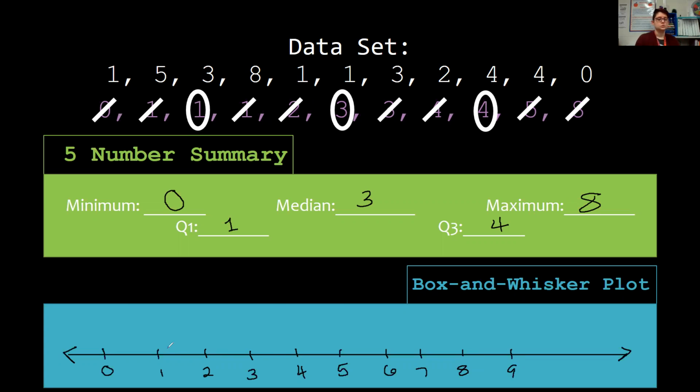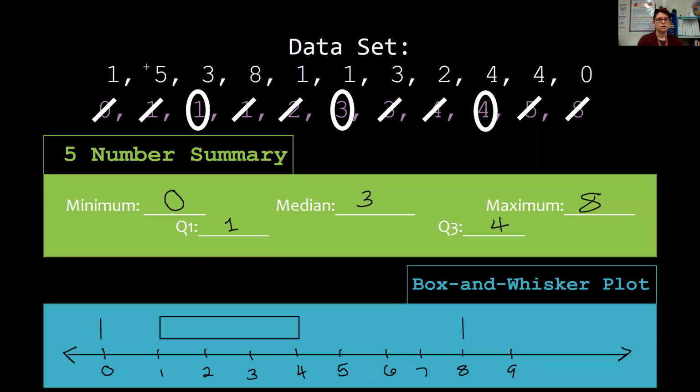Okay, so our minimum and our maximum make our whiskers. So we draw that by putting lines above 0 and 8. Our Q1 and our Q3 outline our box. So I'm going to go to Q1 and start drawing my box to 4.